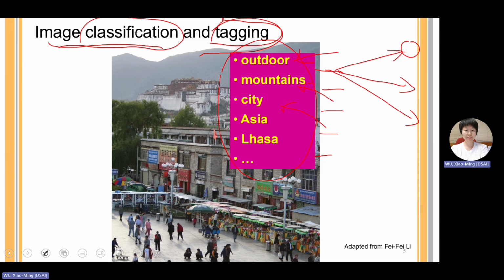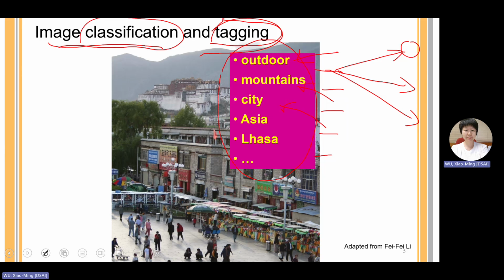Image classification and tagging are two words that are often used interchangeably, and whether it refers to single-class or multi-class classification depends on the context of your problem.